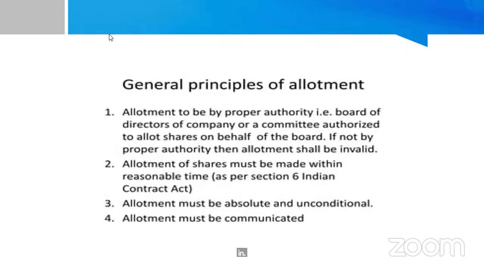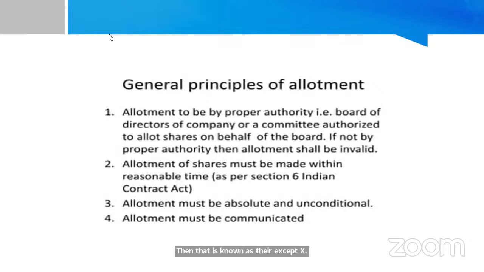If you have read company law, it is called an invitation to offer. When we, the general public, apply for the shares, that is the offer we are making to the company. And when the company is allotting us the shares, that is known as their acceptance.